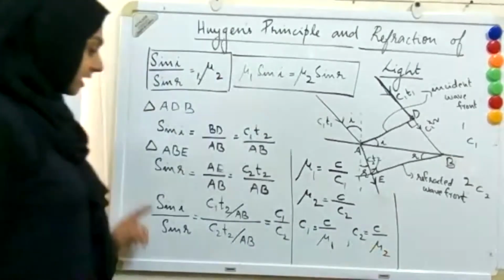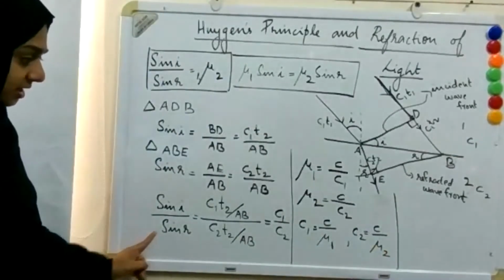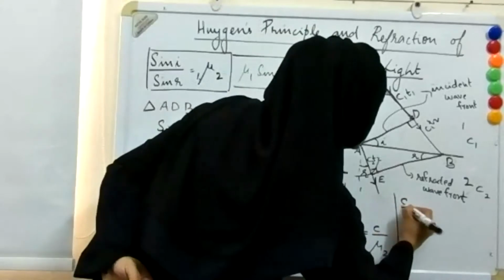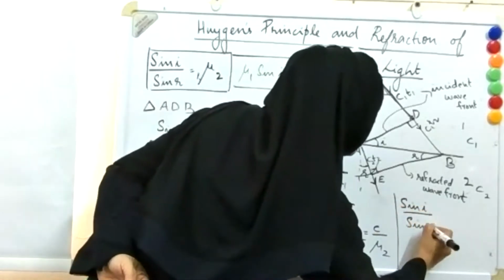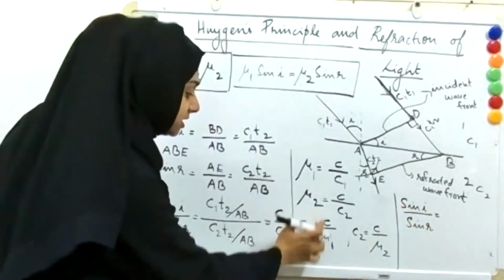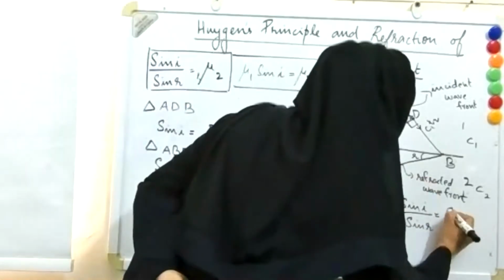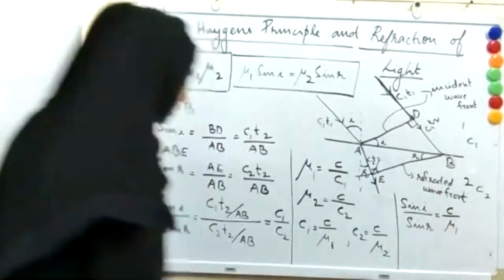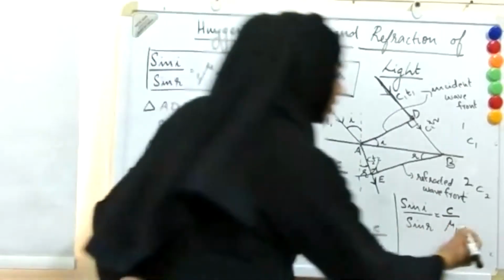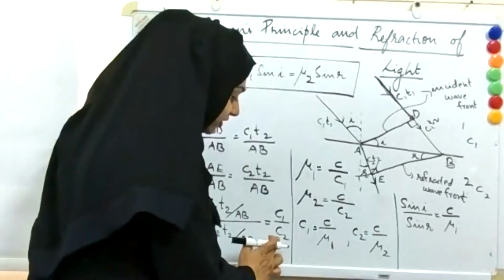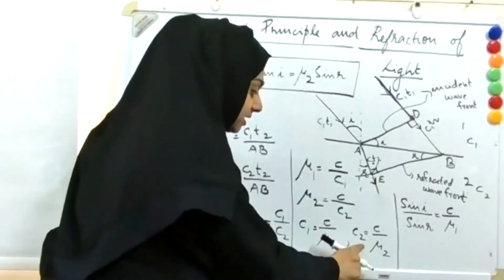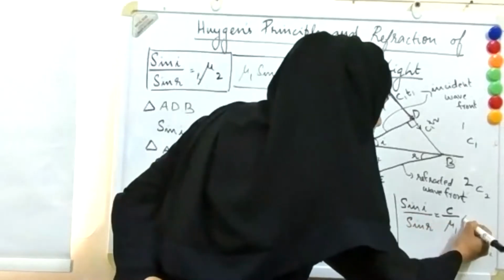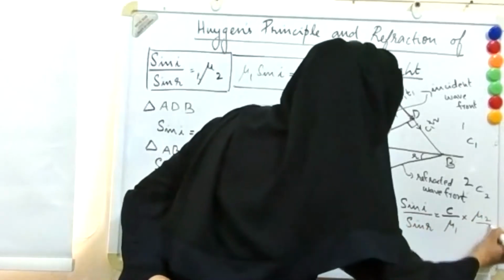So here I have sin i by sin r is equal to C1 by C2. C1 is c by mu1, divided by C2. Instead of dividing by C2, I multiply by the reciprocal of C2, so into mu2 by c.